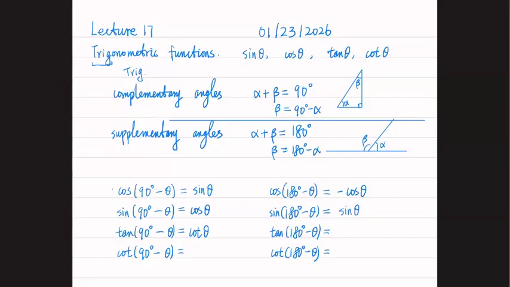Peter, what about you, Peter? Okay, maybe not yet. Let's give the answer. Tangent theta. Okay, so we can see for complementary angles, sine and cosine, we switch. Tangent and cotangent, we also switch.